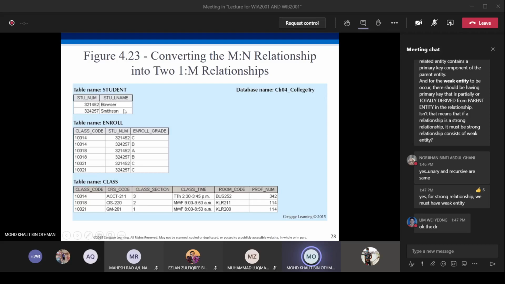Therefore, the relationship between student and enroll table is one to many. So this is how we can convert the many to many relationship into one to many relationships.